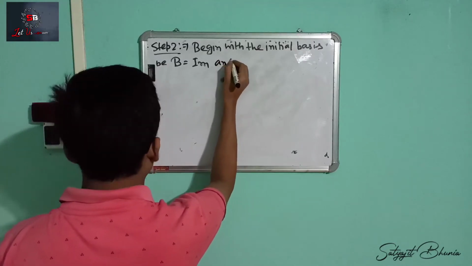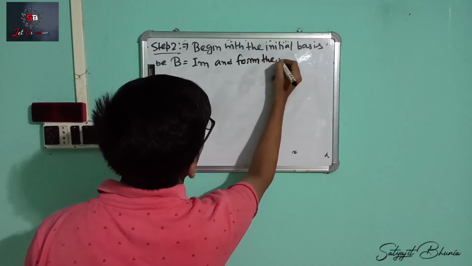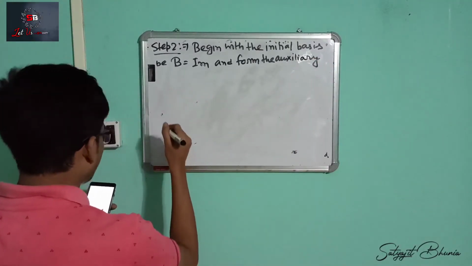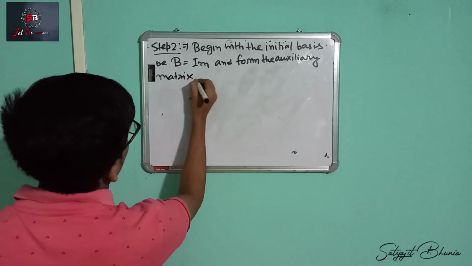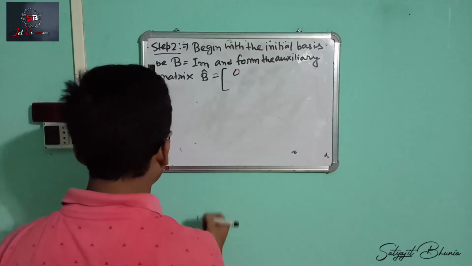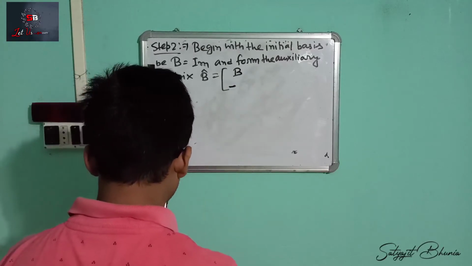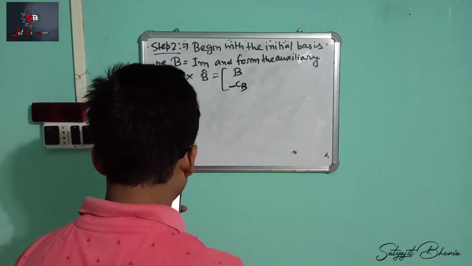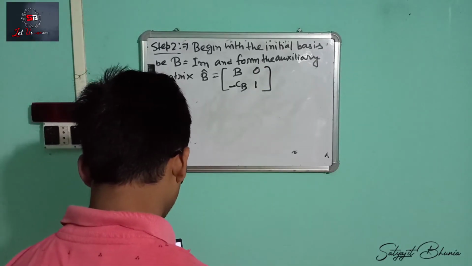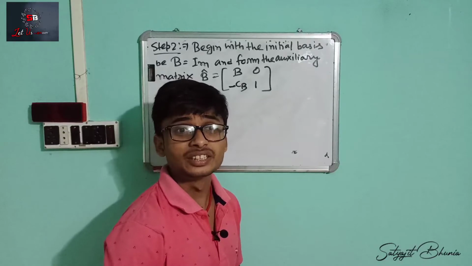And from the auxiliary matrix, B cap is equal to, sorry, B cap is equal to capital B, minus C_B, then 0 and 1. This is not 0, it is the 0 matrix.